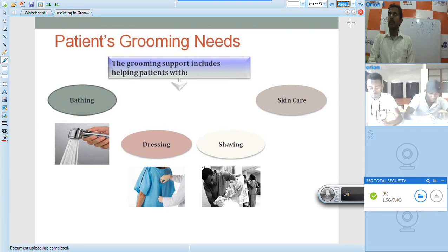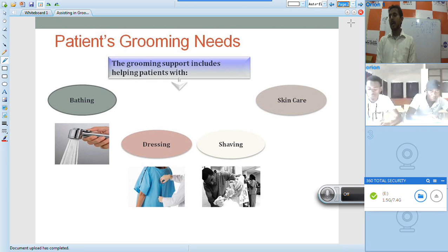Why are we giving the bath to the patient? Because of cleanliness and maintaining hygiene in the hospital, and also preventing infections during the hospital stay of the patient.